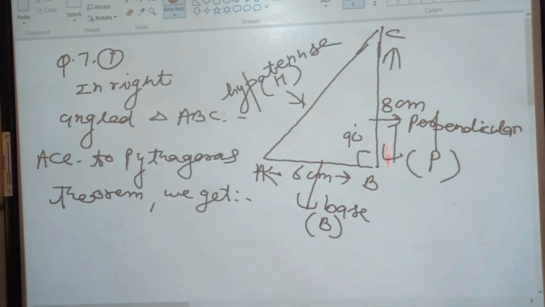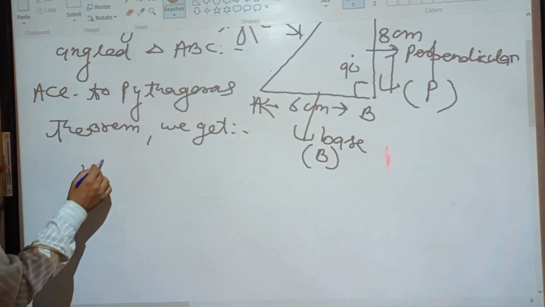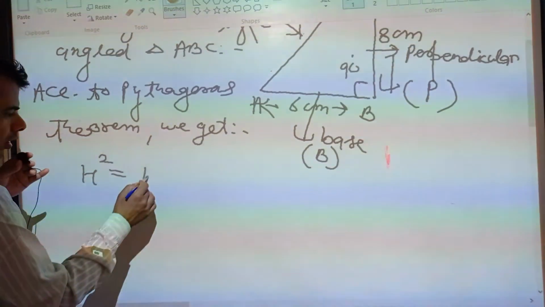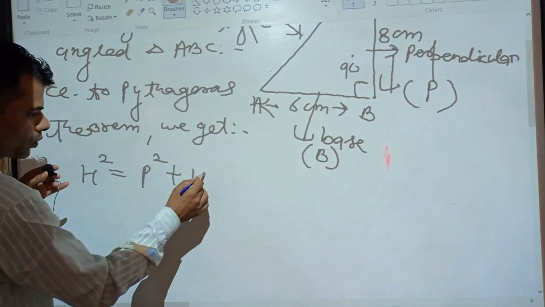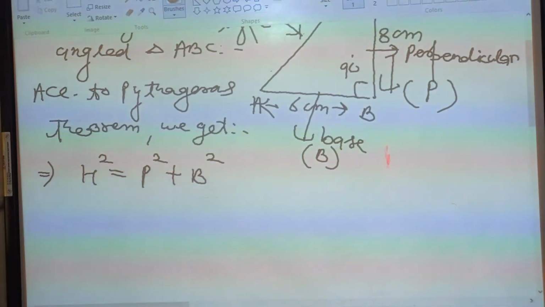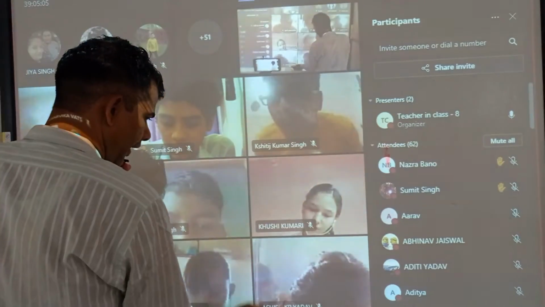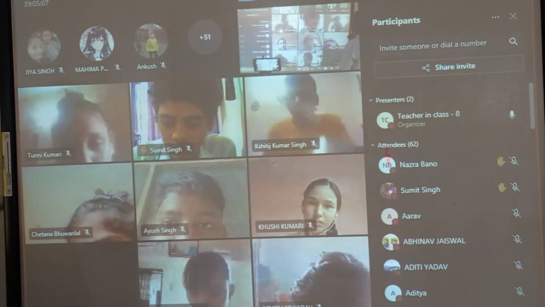What is Pythagoras theorem? Hypotenuse square is equal to perpendicular square plus base square. Any doubt, any problems?